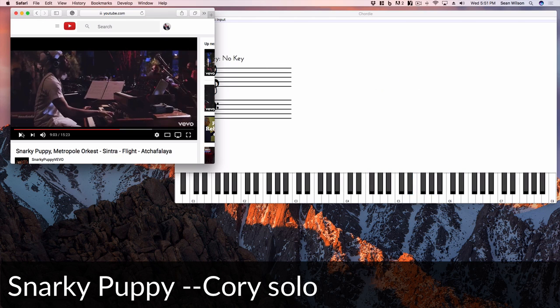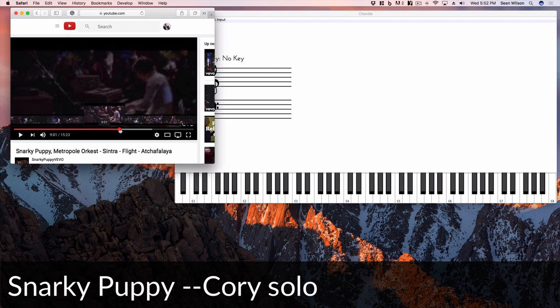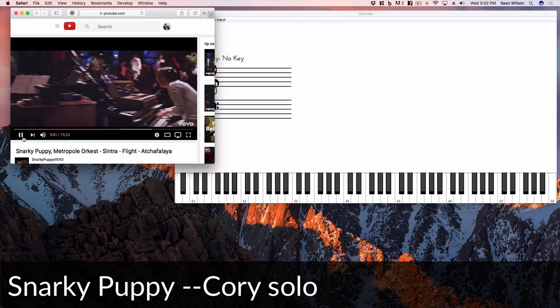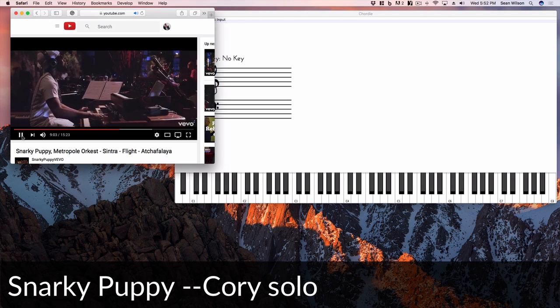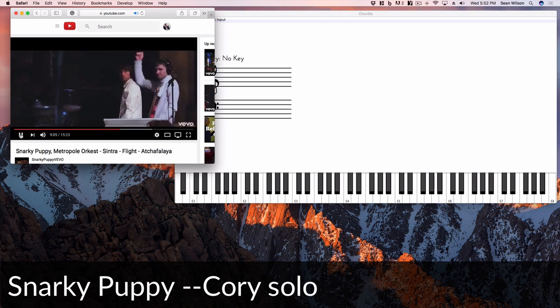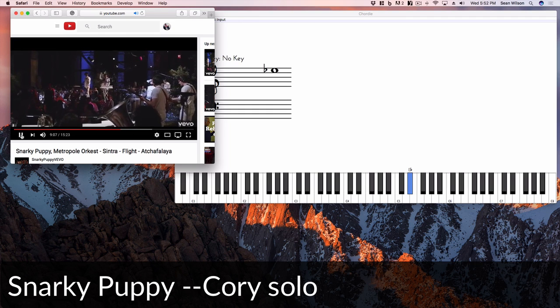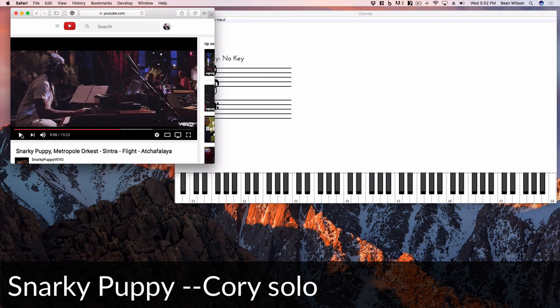Right? But again, using the minor third, using the major 6th concept. And then when he gets to the F sharp, he doesn't go right to that E flat, which I'm guessing would be the next note. See how he's holding that E?